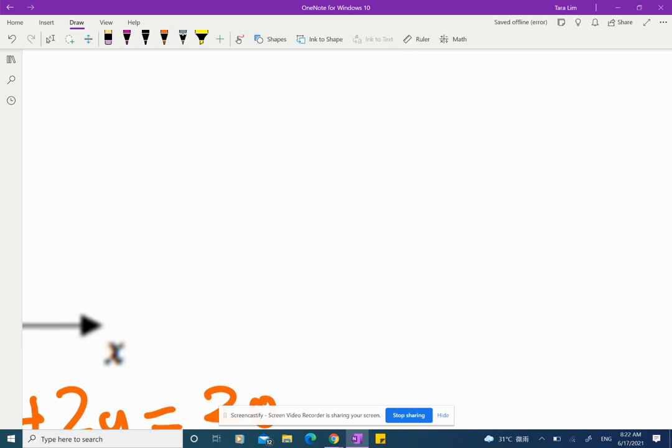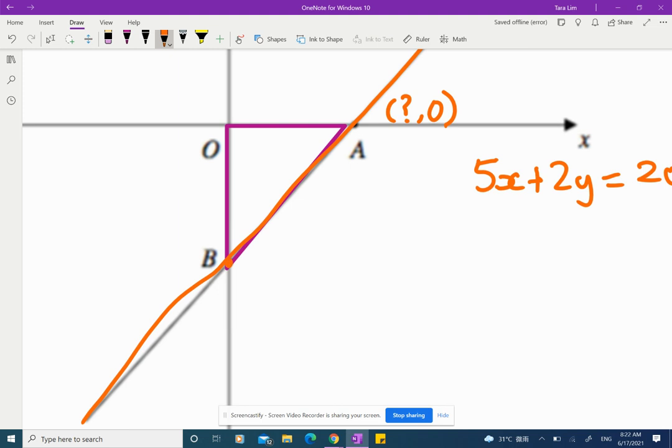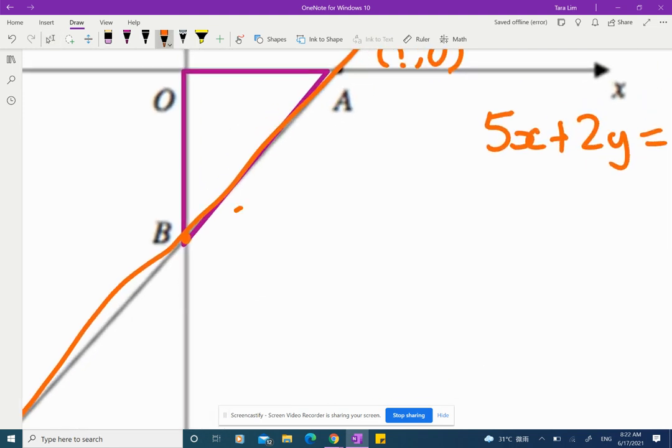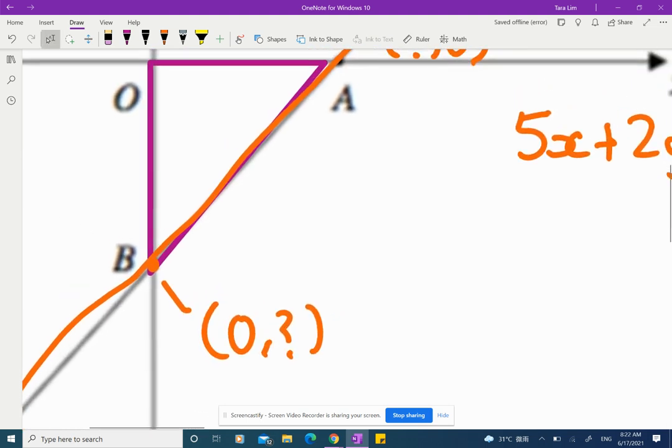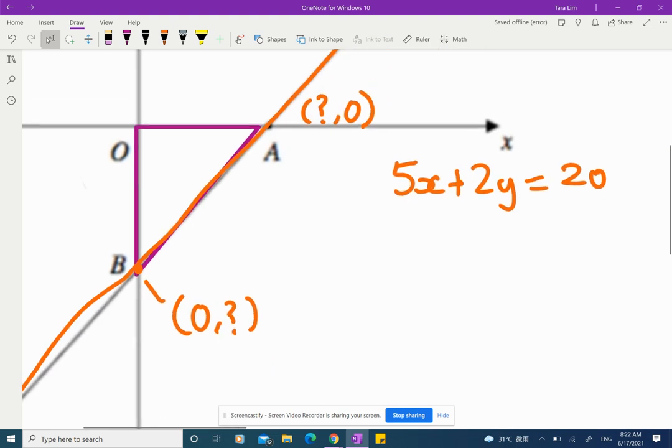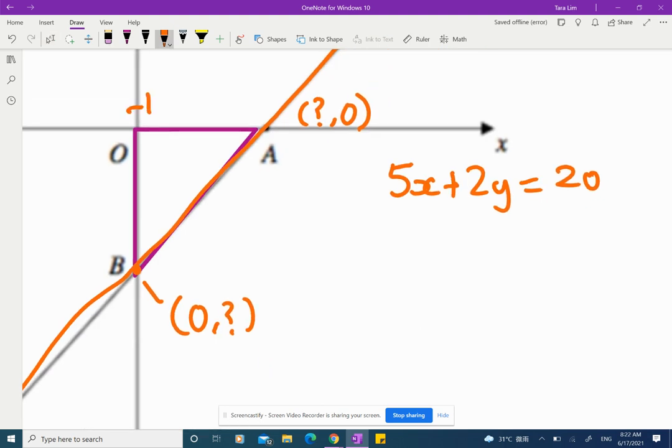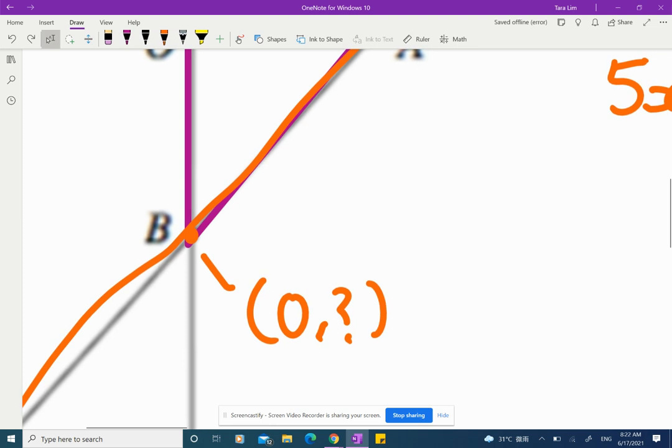Now for point B on the vertical line, this time it is exactly opposite from A. The y coordinate is always different; it can be 1, or -4, or anything. But the x coordinate is definitely 0.